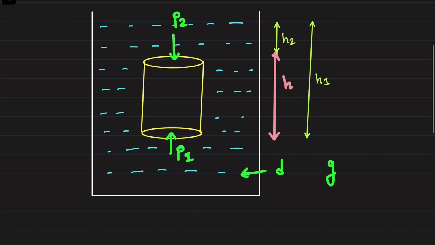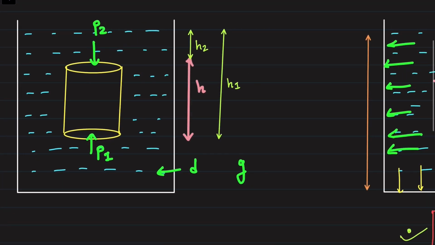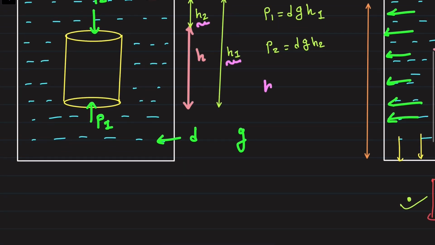As you can see, from the formula of pressure exerted by fluid, we can say that the pressure exerted at the bottom, P1, is dgh1, density of fluid, gravitational acceleration, and height h1, same as P2, which is equal to dgh2. You can see that h1 is greater than h2, so P1 is greater than P2.